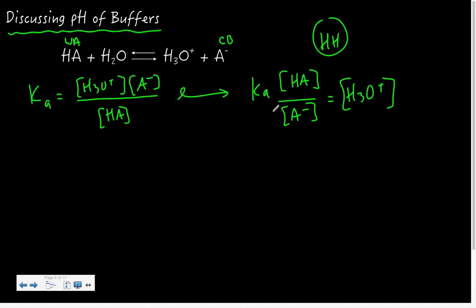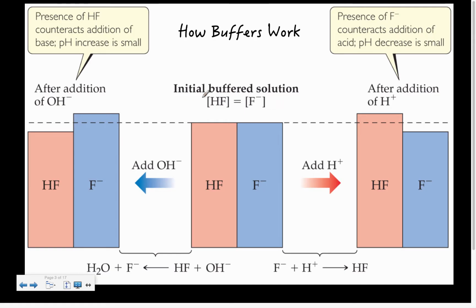A couple of notes here. If we have both of these in solution, let's go forward a slide. Here we have a weak acid and its conjugate base. It turns out that when I have both of those species in solution, and this is why it has to be a weak acid, we know that if we have a weak acid, its anion is also a weak base.